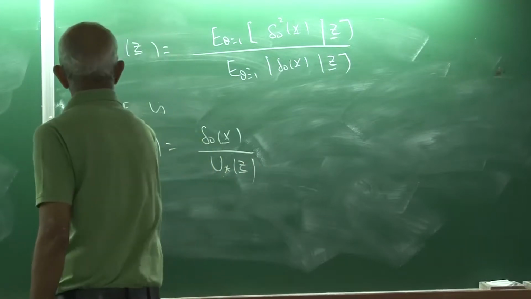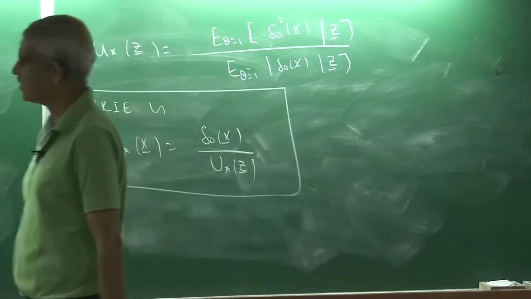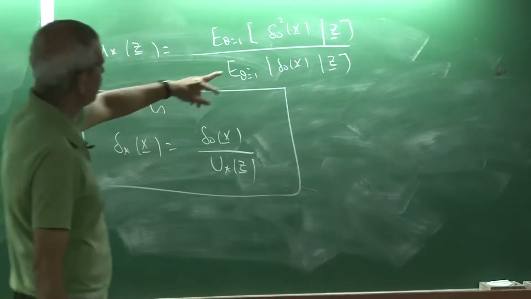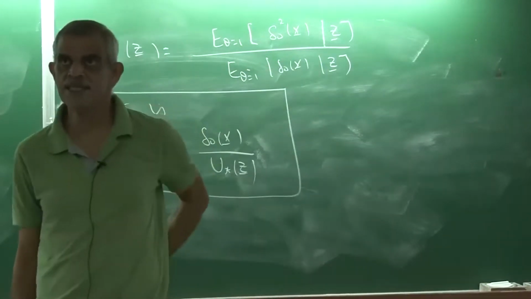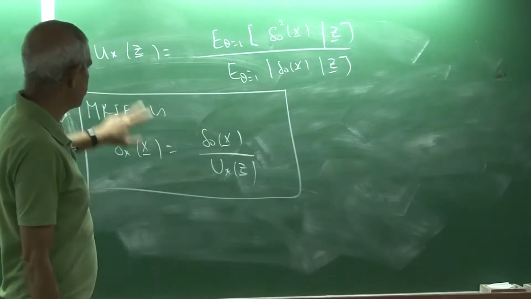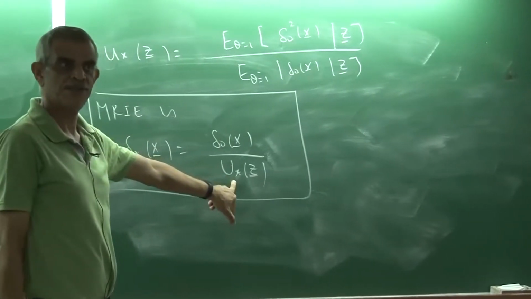Good. So suddenly, if delta naught is a function of a complete sufficient statistic, this conditional expectation becomes an unconditional expectation. So this U star will not depend on Z.